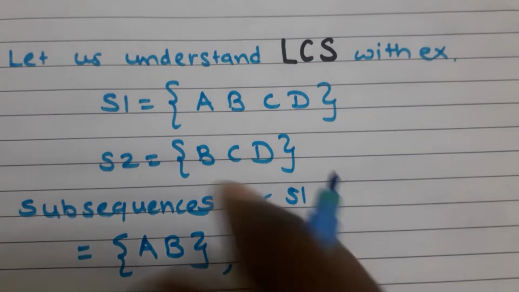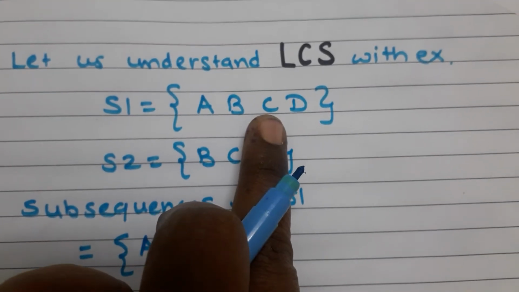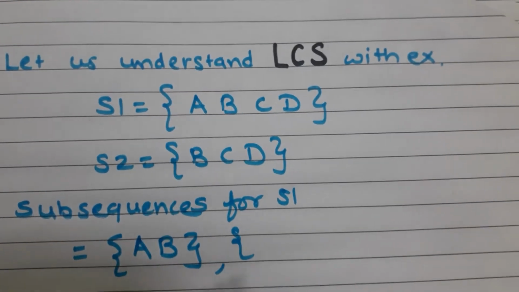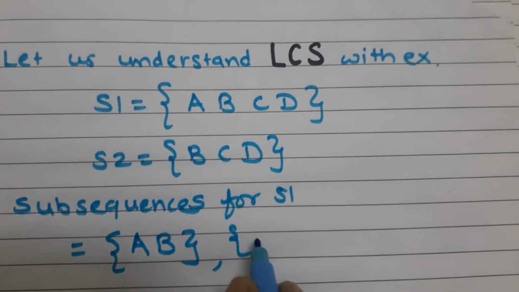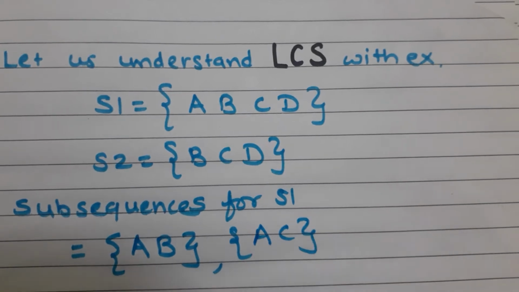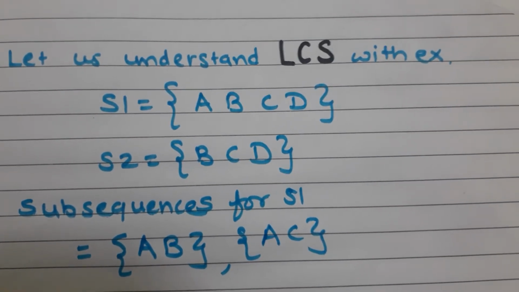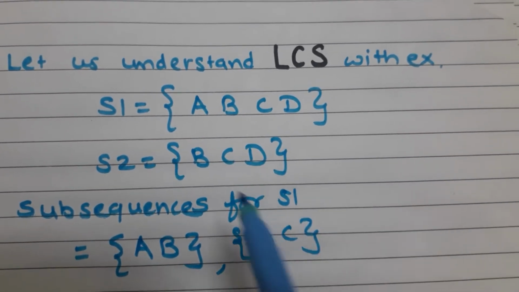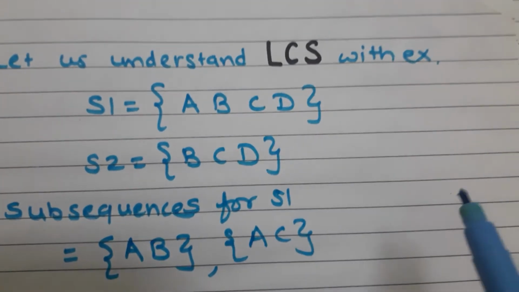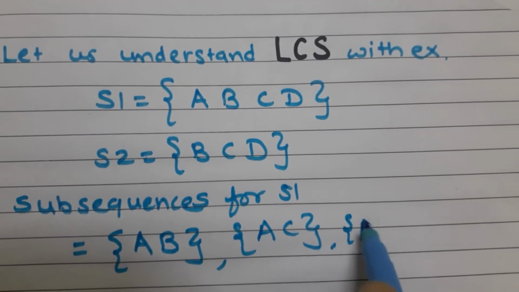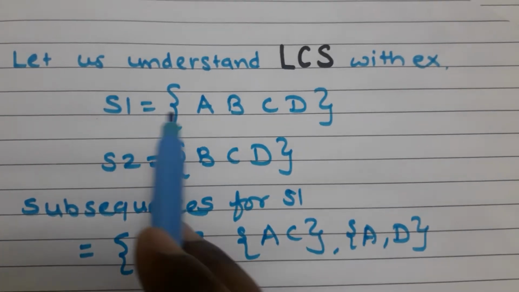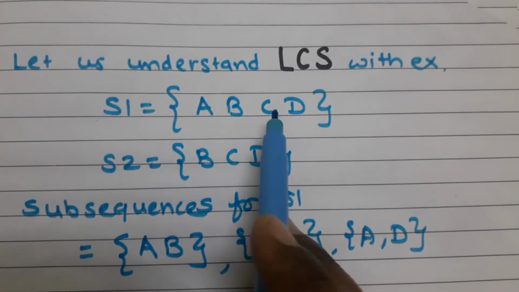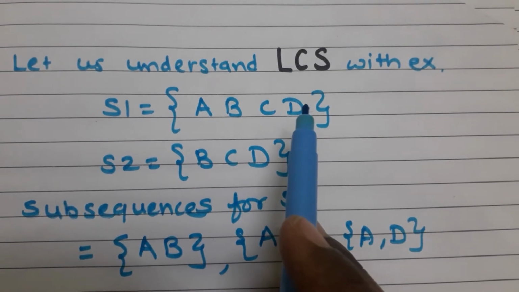In the same way we can write AC. Here A comes first, and after that C comes, so AC can be a subsequence. In the same way AD can be a subsequence.